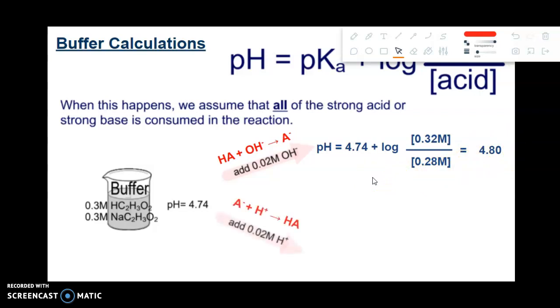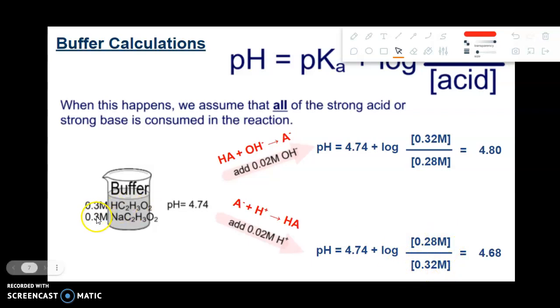Now, on the opposite, if we add acid, that acid is going to react with the conjugate base present in the solution. It's going to react in a stoichiometric way. So when we plug into our Henderson-Hasselbalch equation, the amount of base that is consumed is equal to the amount of acid that is gained.